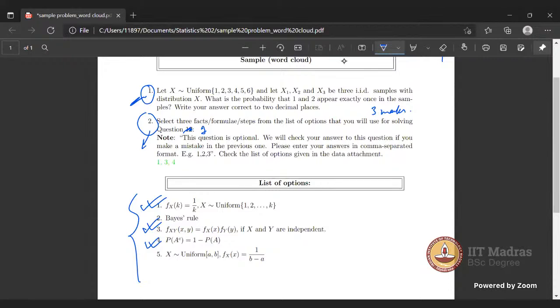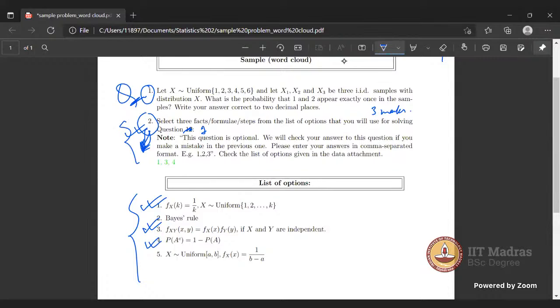Only if your first question, what you have done, is wrong, then you will get evaluated for the second part. If whatever answer you have received is right, then in that case your second question will not be evaluated. So if you are sure that the question that you have solved, your main question, is right, then please do not attempt the second question.